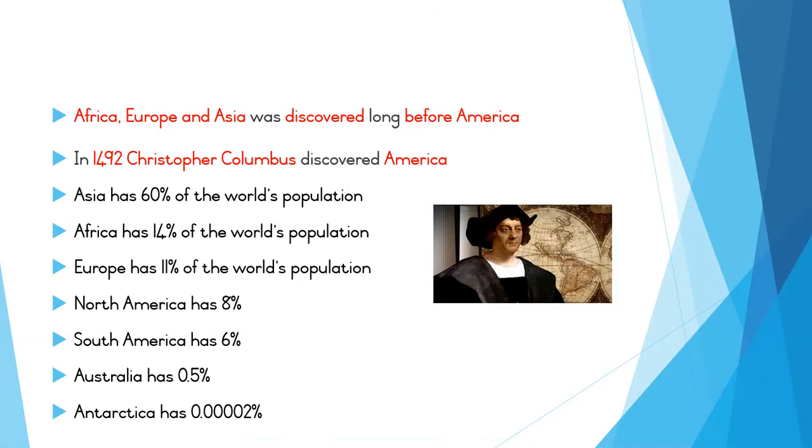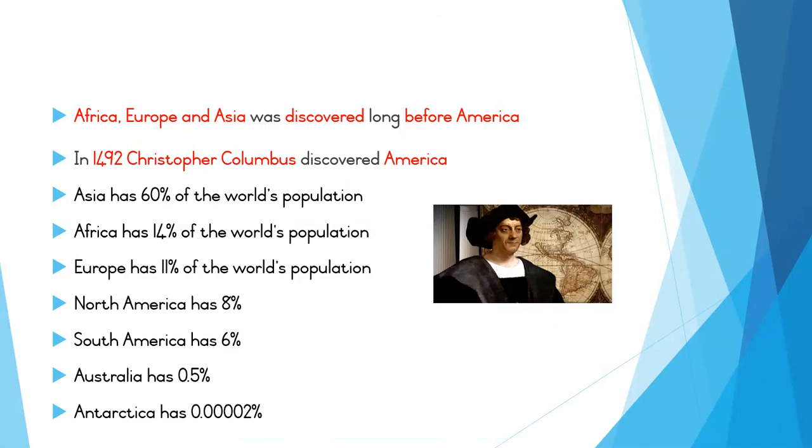Arabs and Asians played a huge role in trade around the world and developing trade. Even in today's world, some Asian and Arab countries are very advanced when it comes to trade. They know how to deal with the Europeans. They also made a lot of inventions and discoveries. So Africa, Europe, and Asia were discovered long before America.